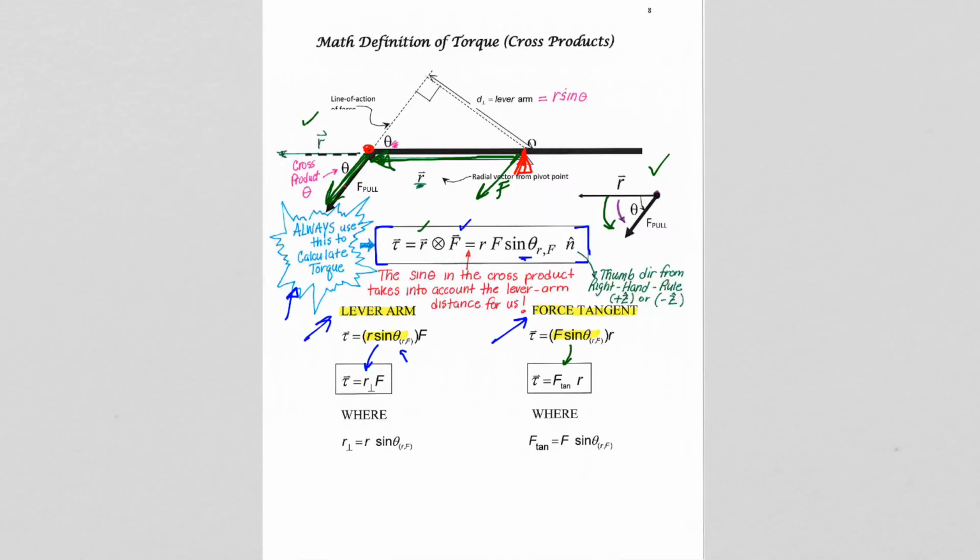Let the equations, the R sine theta or the F sine theta, when they're drawn from the common origin, calculate that for you. So the math is wonderful. Make R cross F your torque friend. So there we have it. We'll definitely have some homework problems to look at as well, and we're going to continue on.